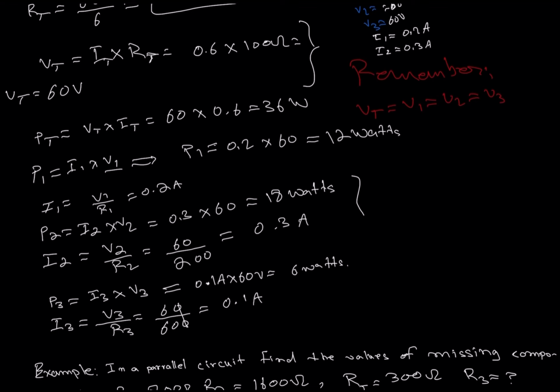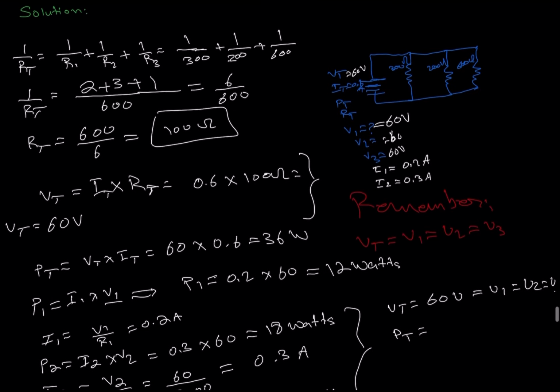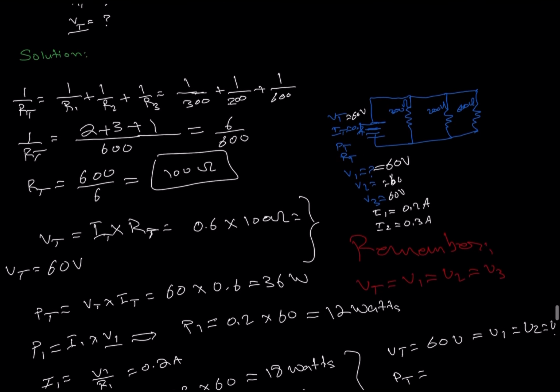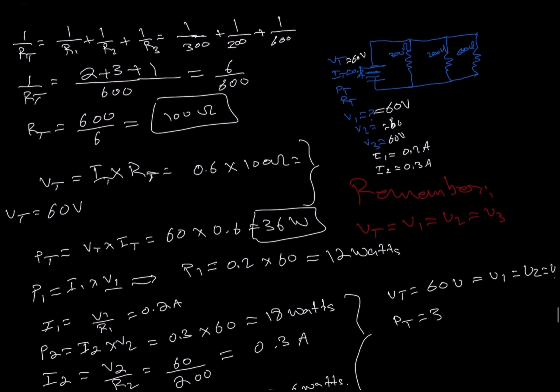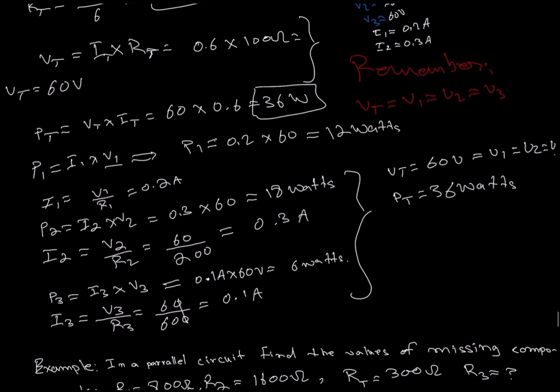So we have our values. We found VT, total voltage, was 60 volts, and this is equal to V1, V2, and V3. PT, the total power in the circuit, we just found it right here, 36 watts. Remember, the total power should be equal to the sum of the individual power. Let's find out.